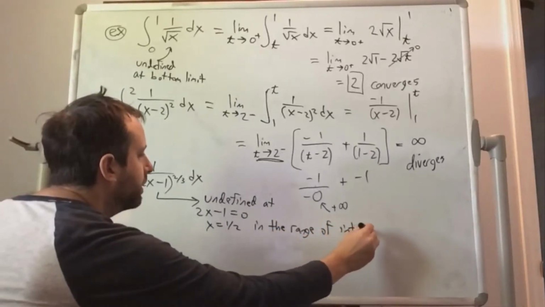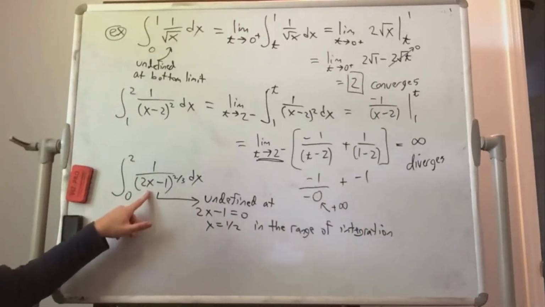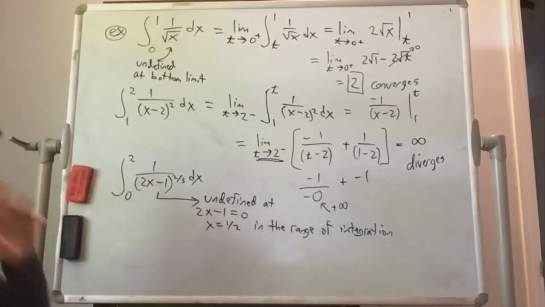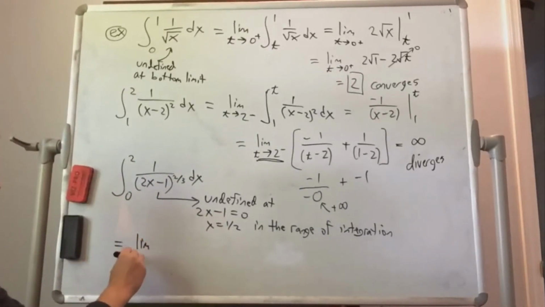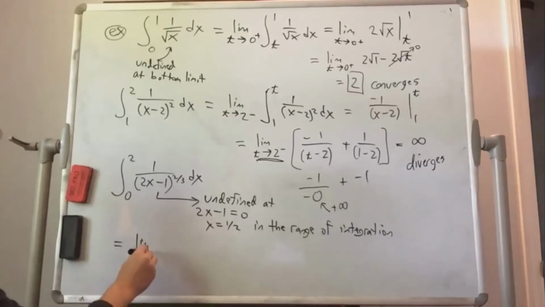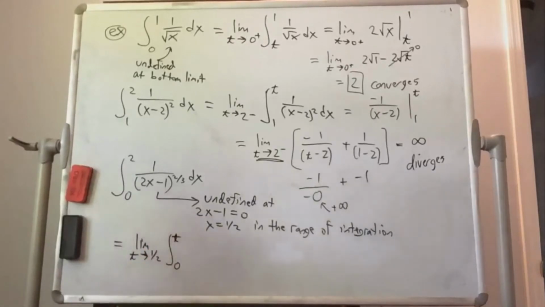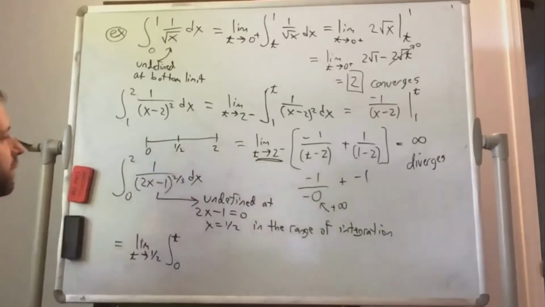So I have to deal with it via improper integrals. The only way to do it is to go from 0 to there, and then from a half to 2 in 2 different integrals. So this is going to be the limit as, let's say, t approaches 1/2, the integral from 0 to t. And in this case, are we approaching from the left or the right? I'm just going to write it out. There's my interval.